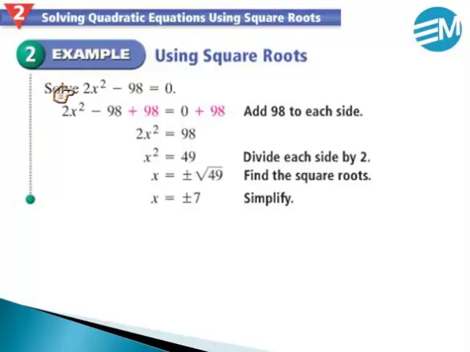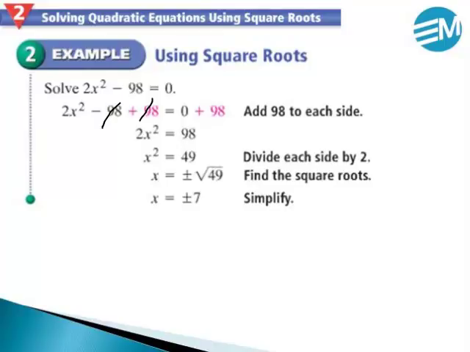As you can see, we have an equation here, 2x squared minus 98 equal to 0, right? So we add 98 to both sides of the equation. Why do we do so? So that we can get rid of it on the one side and add it to the other.